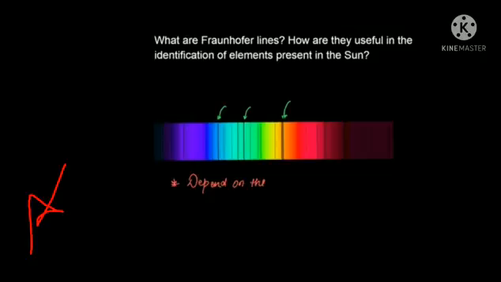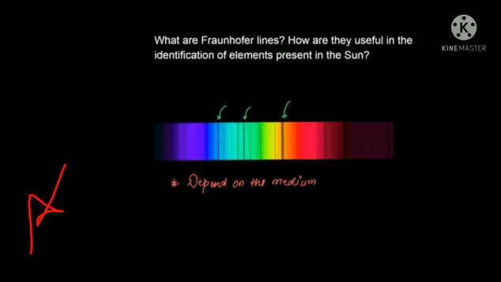So the question arises, how will the Fraunhofer lines help us identify the elements present in the sun? Whenever we get the solar spectrum on Earth, we get some Fraunhofer lines. By looking at these lines, we can find the wavelengths which have been missing from the continuous spectrum.